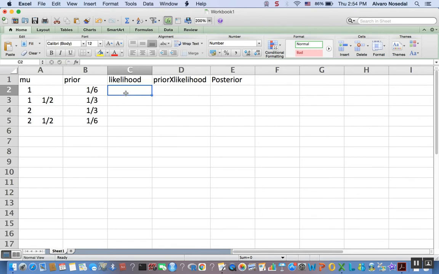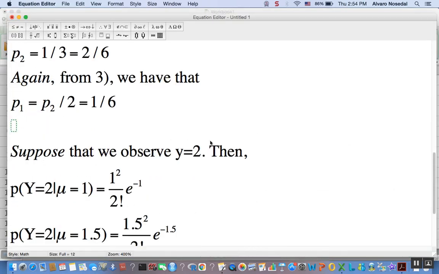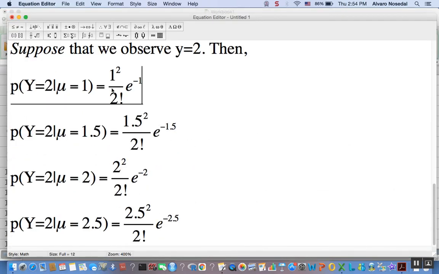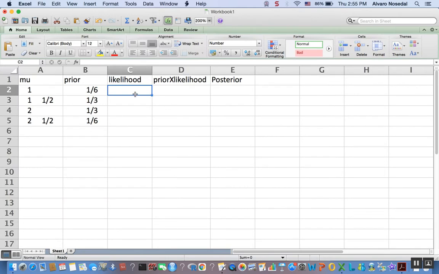Okay, now likelihood, we have to evaluate those 4 numbers that we have here, right? So it would be 1 squared, divided by 2 factorial, that's 2, times e to the negative 1. So 1 divided by 2 times e to the negative 1. Okay?